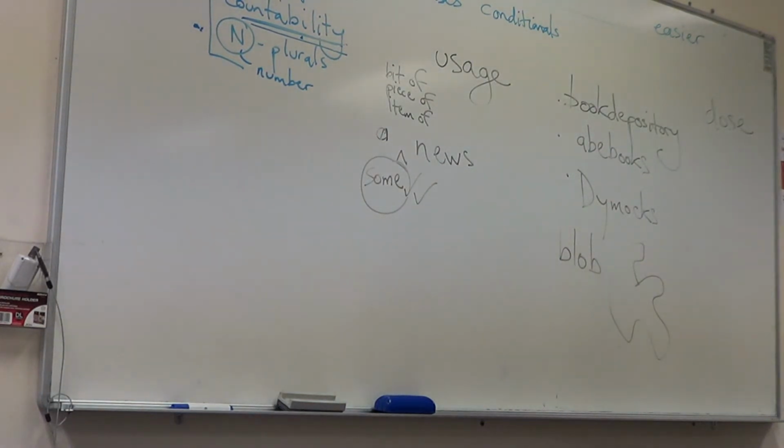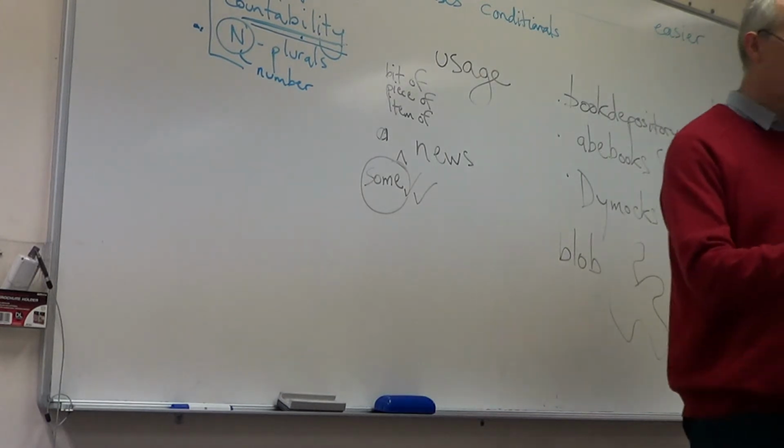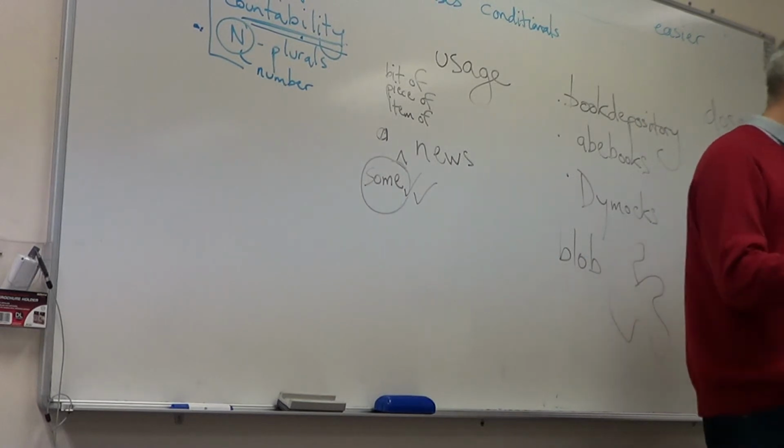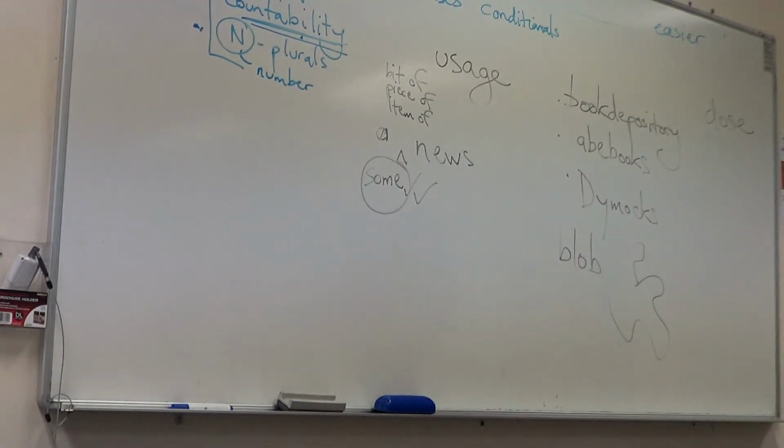And these singular ones, you can't make plural. You can't have newses or progresses. Or let's keep going on the long list. Publicities, you cannot have. And the next one, the next one, the next one. Research. You cannot have researches.